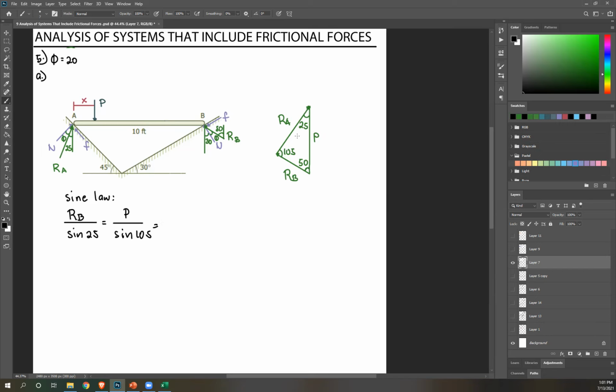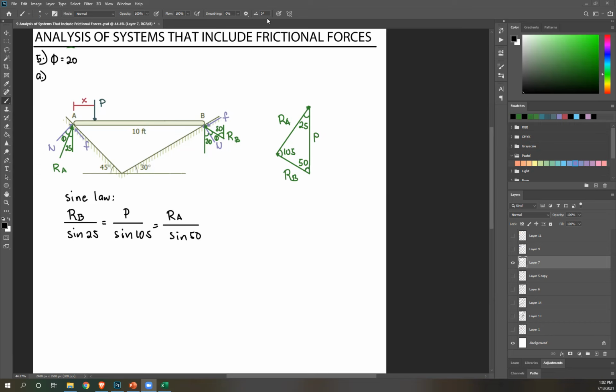And that's also equal to RA over sine 50. Okay, so this is where your first equation will come from.